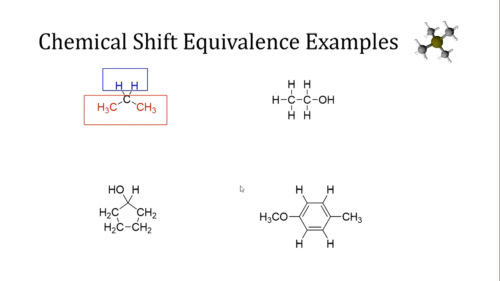Each of the three hydrogens in each methyl group are equivalent to each other, and the methyl groups themselves are chemically equivalent because they are related by symmetry. If you rotate the molecule around an axis or flip it in a mirror plane, the two methyl groups are interchangeable.